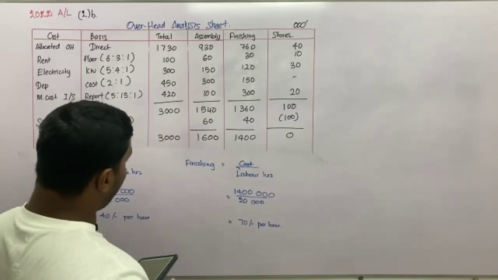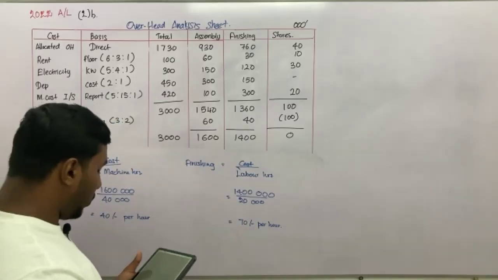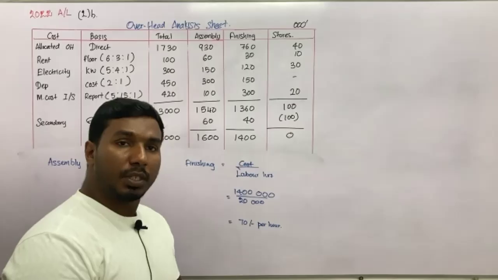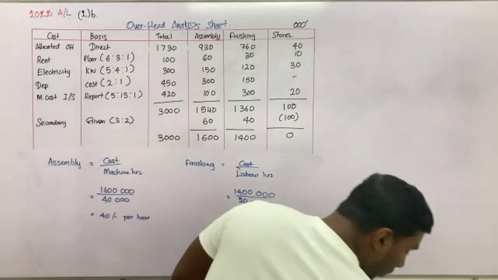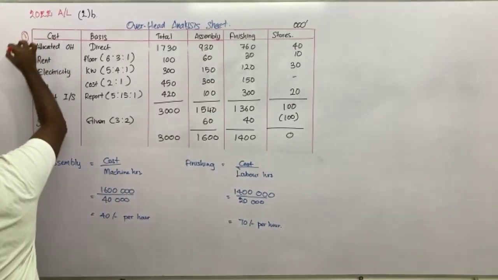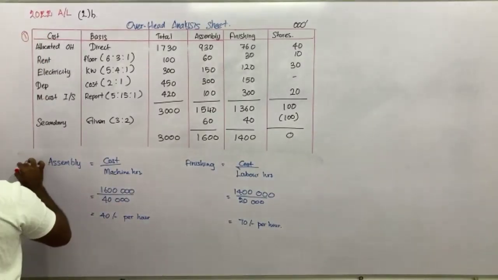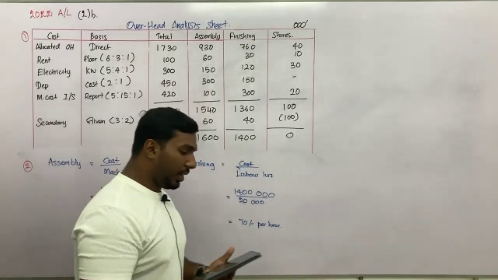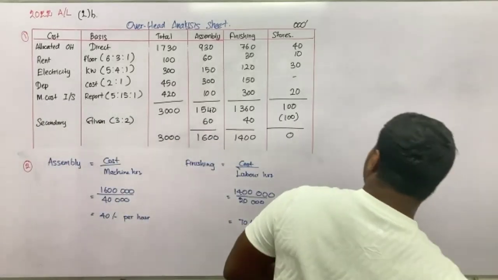Yes, ₹70 per hour. So that will be the overhead absorption rate. So for the question number 1, it's done. Question number 2, it's done. Overhead absorption rate is calculated. Let's do the question number 3.